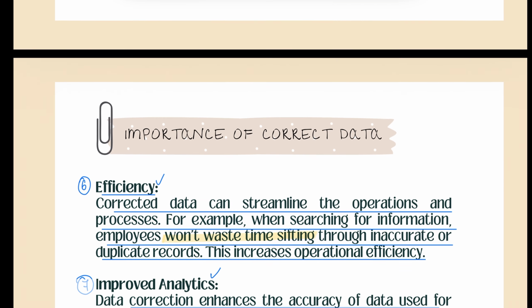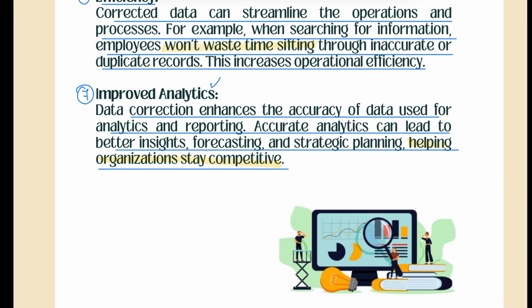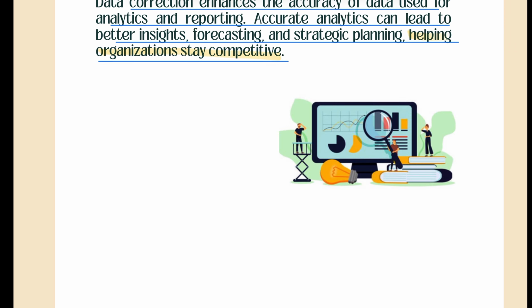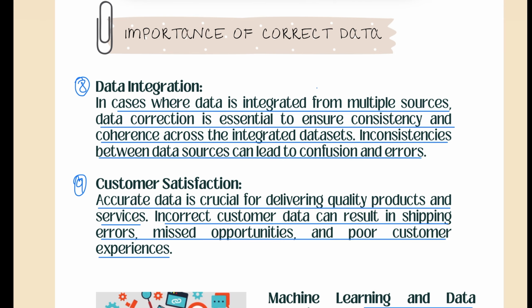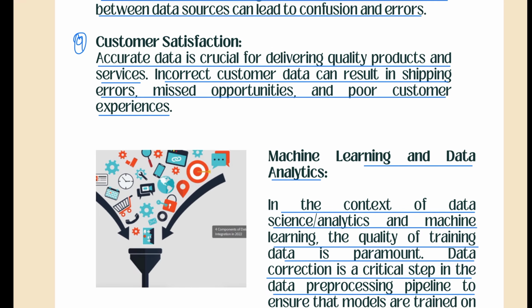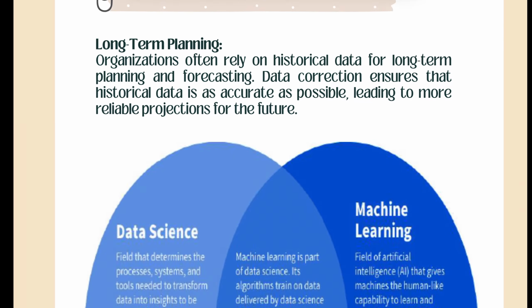Then efficiency, which saves employees from wasting time, and improved analytics, which helps companies stay competitive. Eighth one is data integration, which ensures consistency and coherence across integrated data sets from multiple sources. Ninth one is customer satisfaction. It creates satisfaction among the customers.